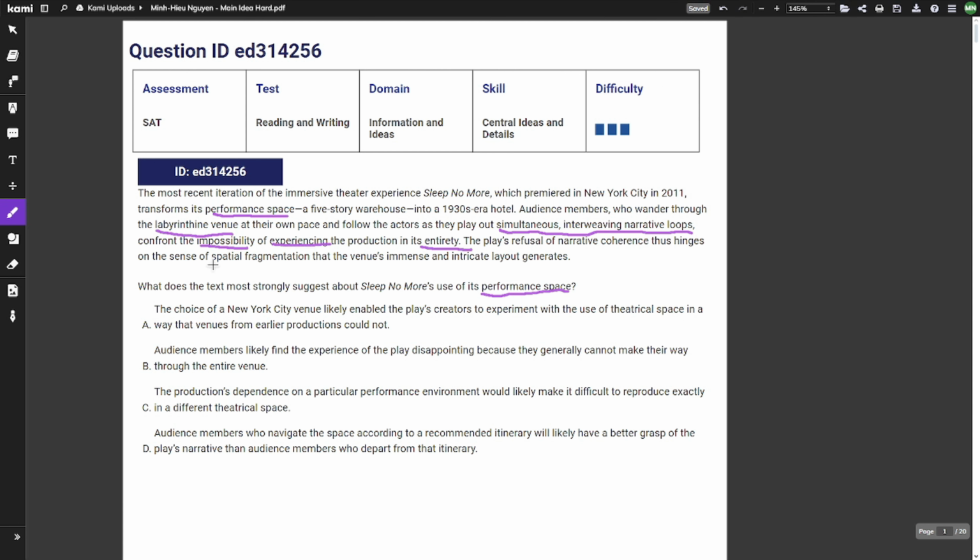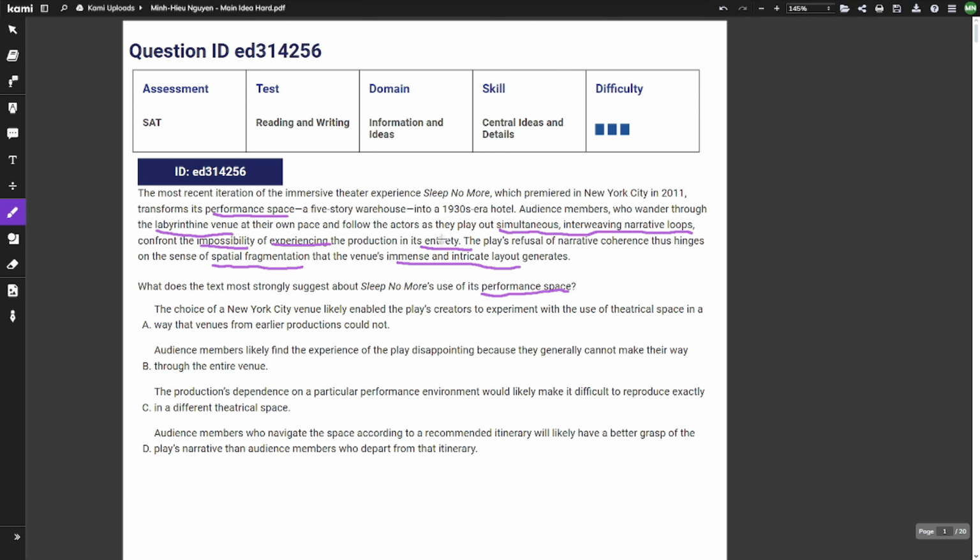And then there's some spatial fragmentation, and there's immense and intricate layouts. So we know that this performance space is super cool, alright? We got all these loops and intricate layouts, and as a result, there's some spatial fragmentation going on, and you can't experience it fully. So there's this super unique effect and experience for the audience.